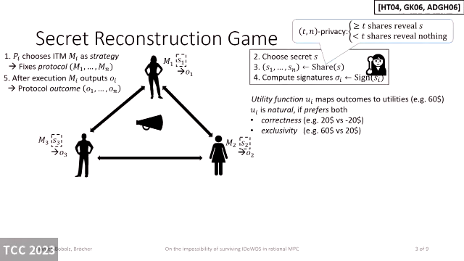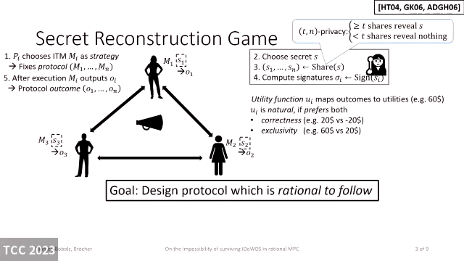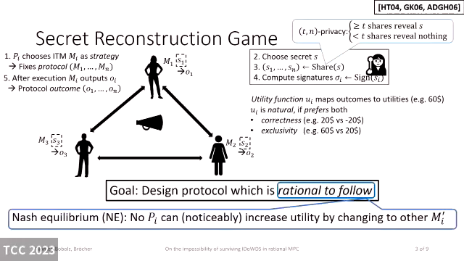Okay, now what was considered in the literature is, well, how can we design secret reconstruction protocols which reconstruct the secret at the very end and which are rational to follow, right? In the previous example, we had a protocol which was not rational to follow. And it was indeed not rational to follow in the sense of a Nash equilibrium.